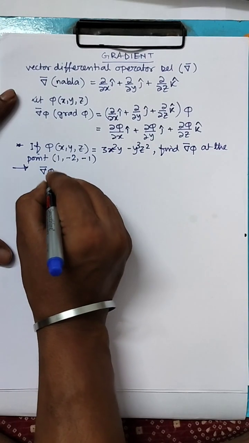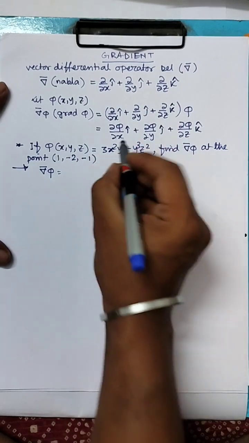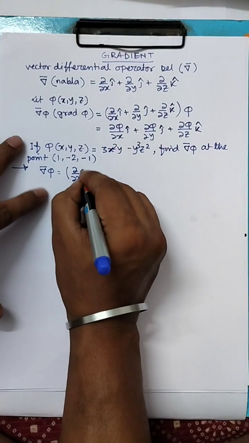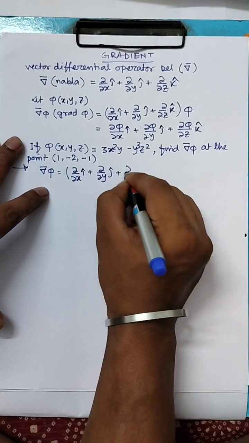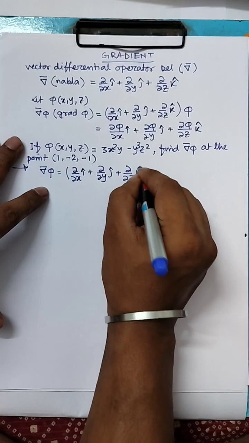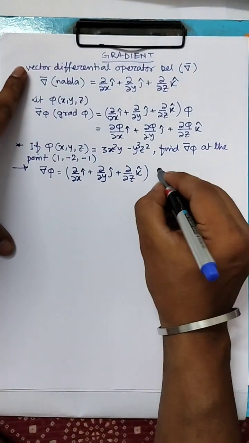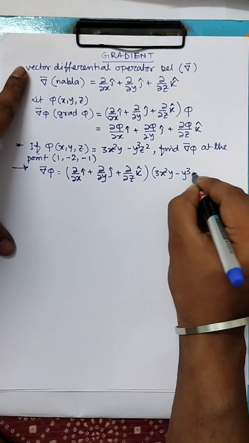First, del phi, for which you already have the expression. So put the values of ∂/∂x of i plus ∂/∂y of j plus ∂/∂z of k, and put the value of phi also. The value of phi is 3x²y minus y³z².